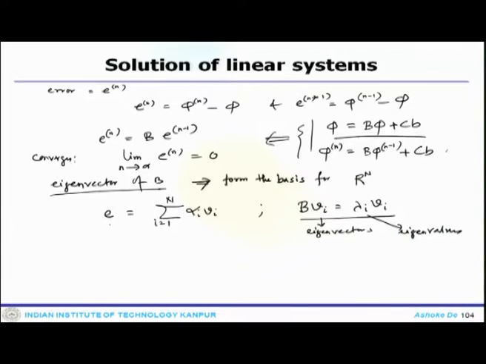Now, once you combine with this, the nth level error e^n = B e^(n-1).